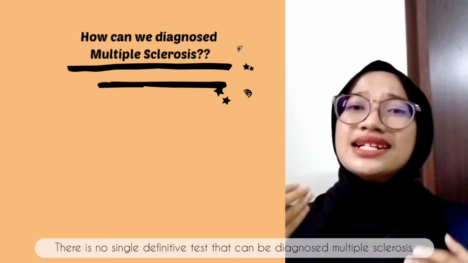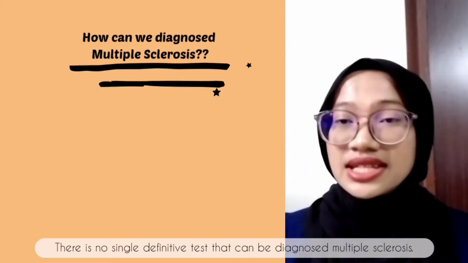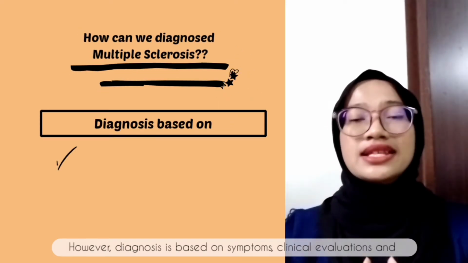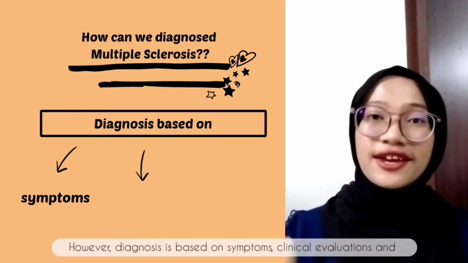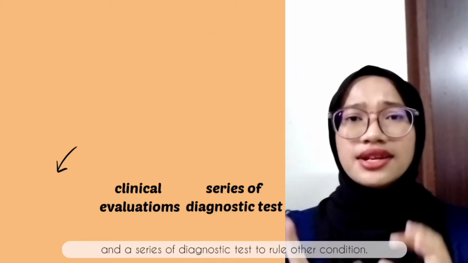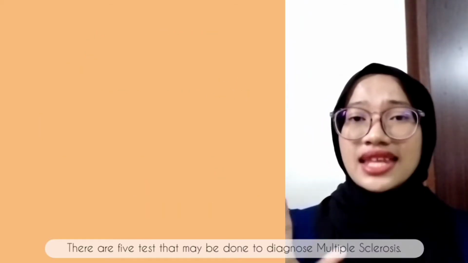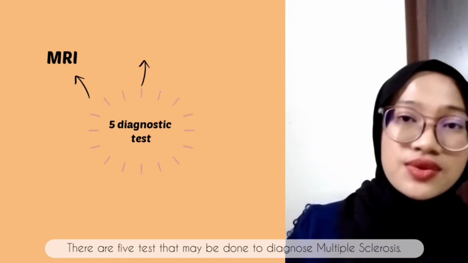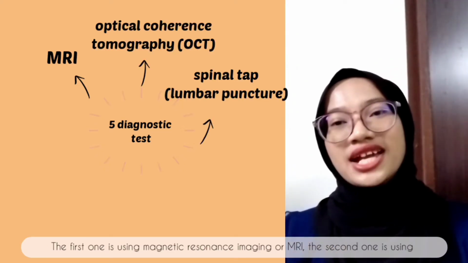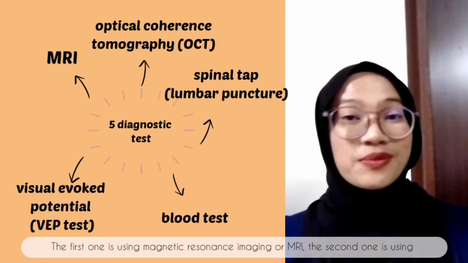How can we diagnose multiple sclerosis? There is no single definitive test that can be diagnosed multiple sclerosis. However, diagnosis is based on symptoms, clinical evaluation, and a series of diagnostic tests to rule other conditions. There are 5 tests that may be done to diagnose multiple sclerosis. The first one using magnetic resonance imaging or MRI.